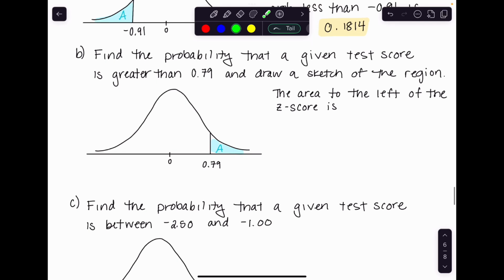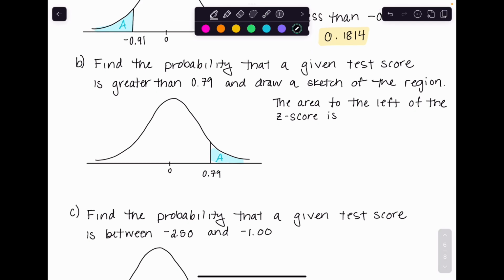Back up to my example, the area to the left is 0.7852. So ultimately, my value of A is 1 minus this amount, which gives me 0.2148.